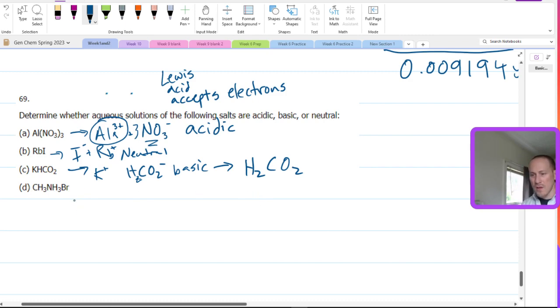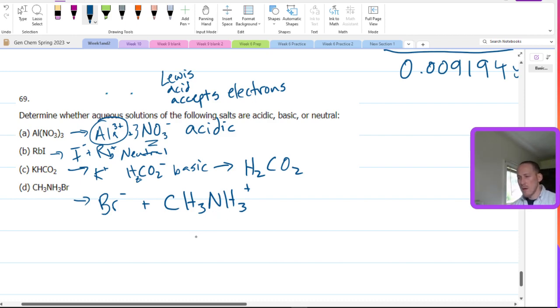Okay, so here's our last one. Bromide will take an electron and get out of there, and it is the conjugate base of a strong acid, so it's not trying to react. And then we'll have CH3NH3 plus. That's methylamine, or rather methylammonium.